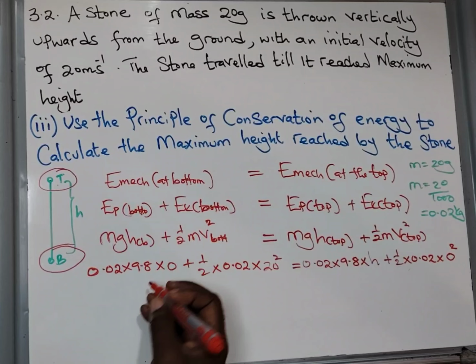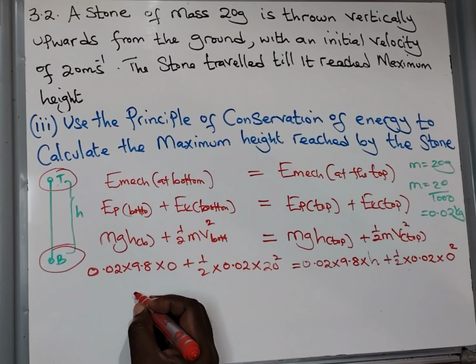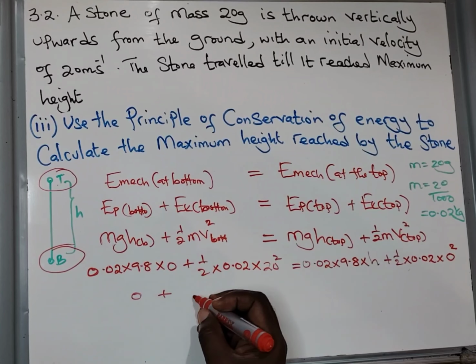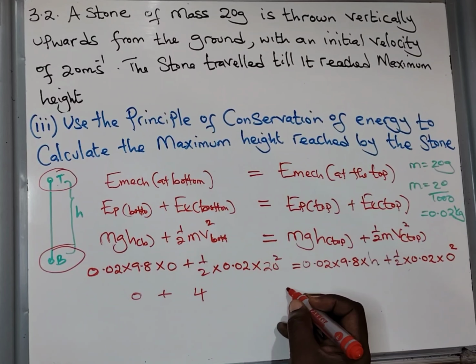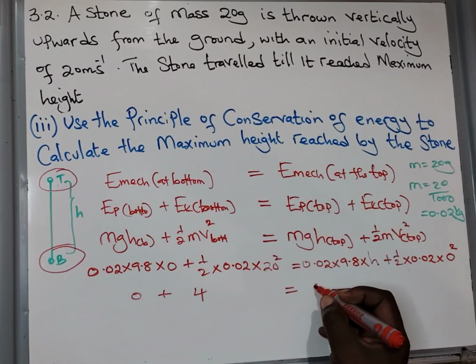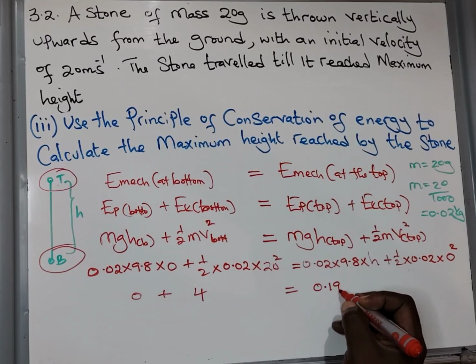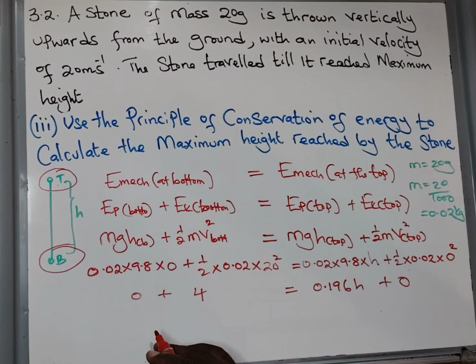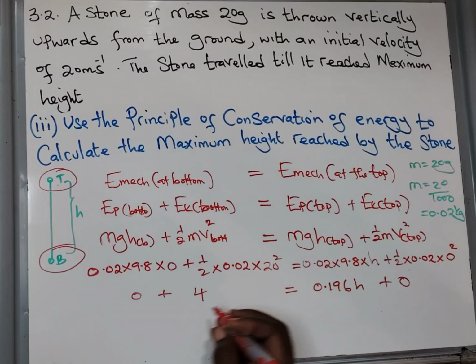So when we compute, this side we get 0 plus this side we have 4. Here we have 0.196h plus 0. So what is our next step?